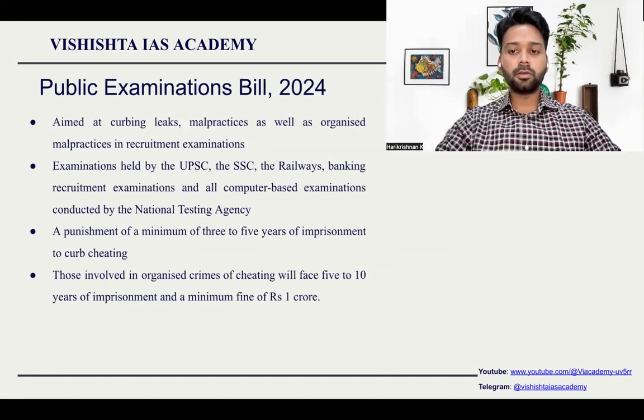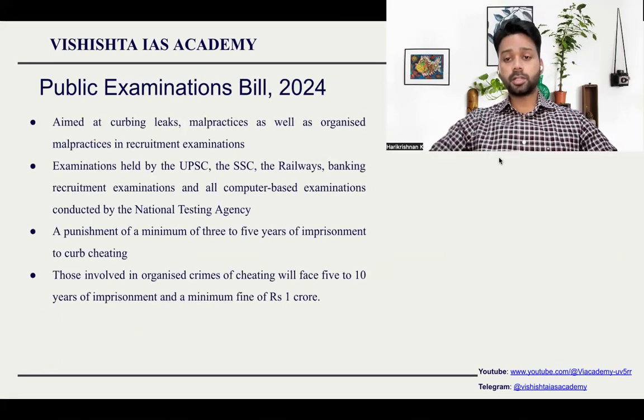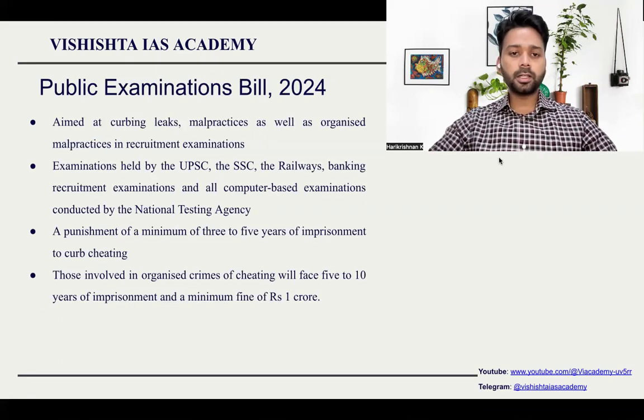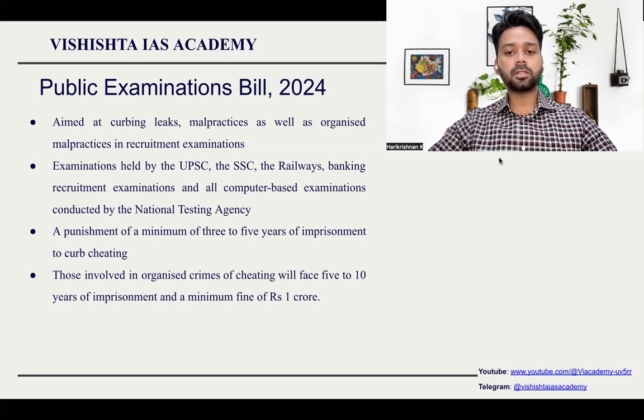One important bill which was passed yesterday in Parliament is the Public Examinations Bill 2024. In the last 4 or 5 years, the number of incidents of cheating and malpractices in examinations, especially those conducted by the government, most probably state governments, have been increasing.